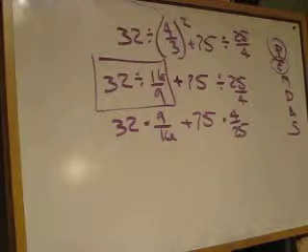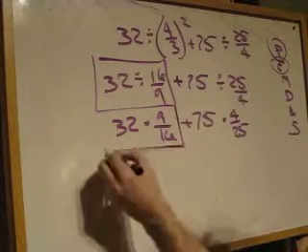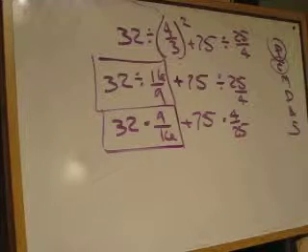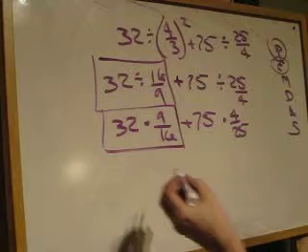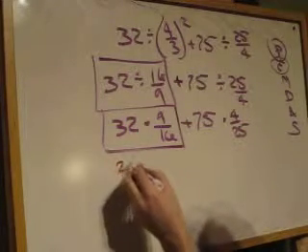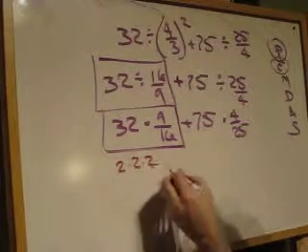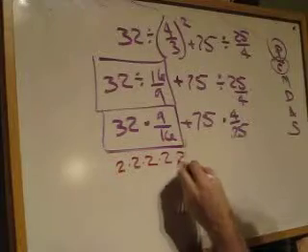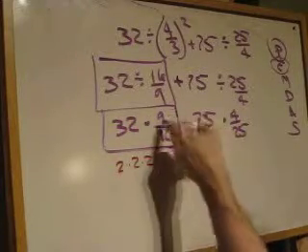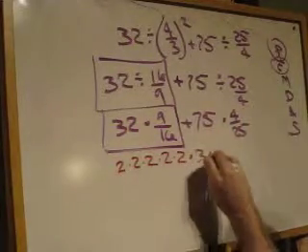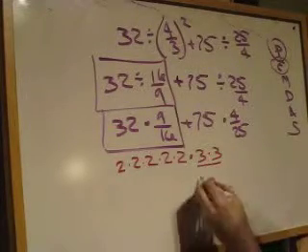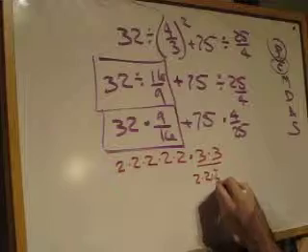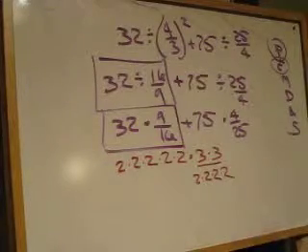Okay, so let's go ahead and do this one from left to right first. Let me change colors here so it shows up a little better. 32 can be written as 2 times 2 times 2 times 2 times 2, 8 times 2 is 16 times 2 is 32. 9 can be written as 3 times 3, and that 9 is over 2 times 2 times 2 times 2, 16.